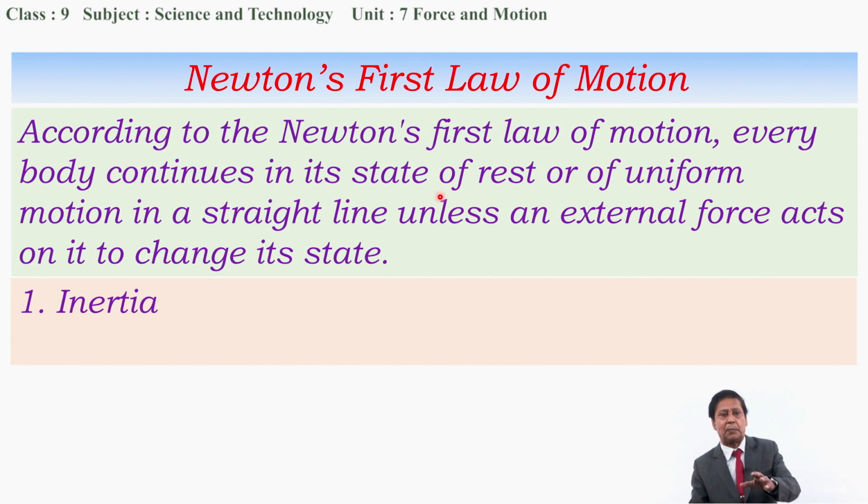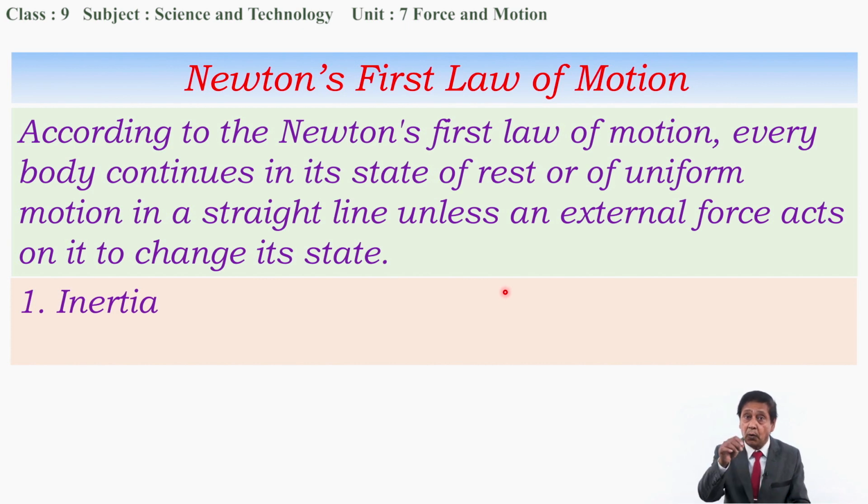And look at the second part. Unless an external force acts on it to change its state. What does it mean? Unless an external force is applied on the body, what happens to the body? It continues its state of rest or uniform motion. It means if force is applied, then it can change the state of rest or motion.